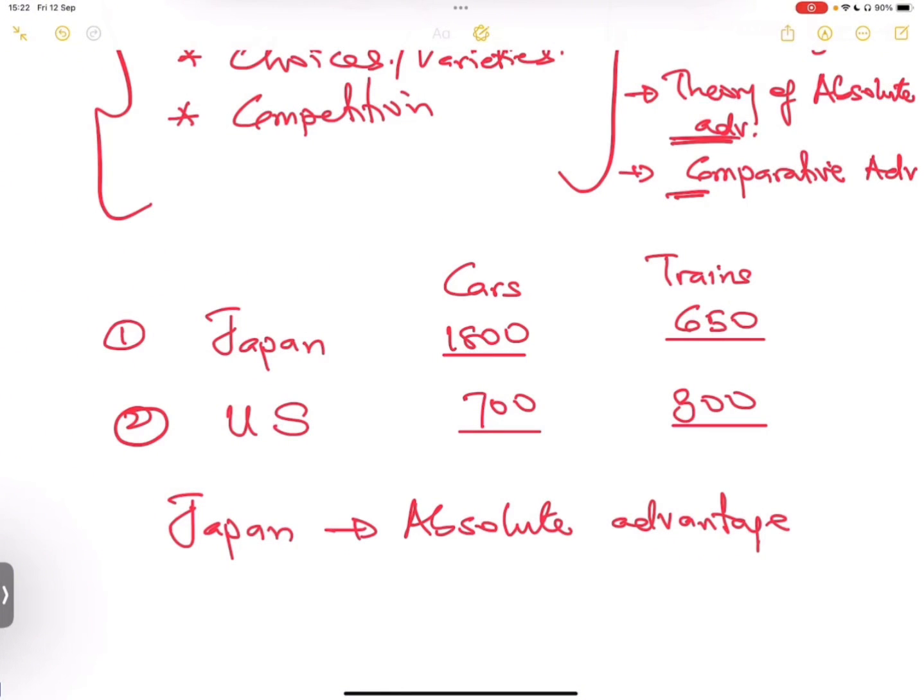So Japan has an advantage because Japan is going to be selling more product than US. Because of those more units that they are producing, that is absolute advantage because we are not comparing any fractions or ratios to decide. We're just looking at the absolute units that are being produced by each country. And we know that Japan has that.